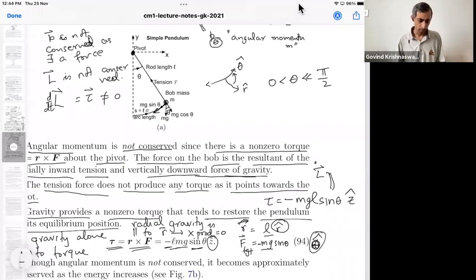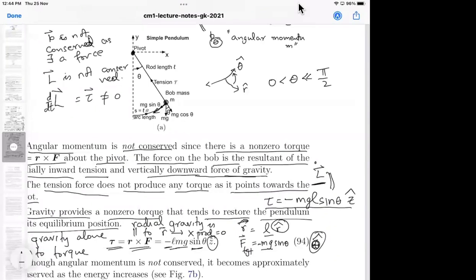Now what effect is the torque going to have on the angular momentum? Is it going to increase the magnitude of angular momentum or decrease it? So decrease the angular momentum.